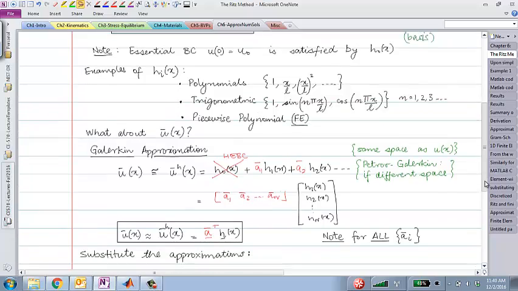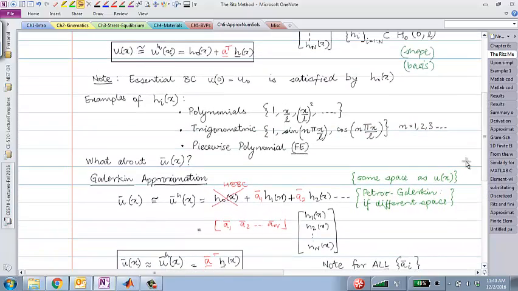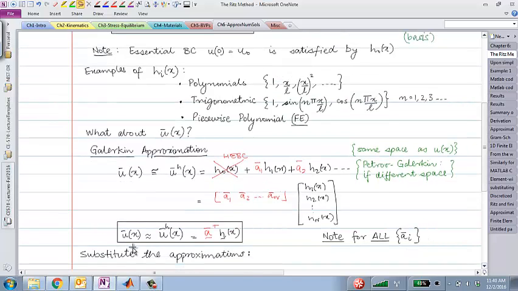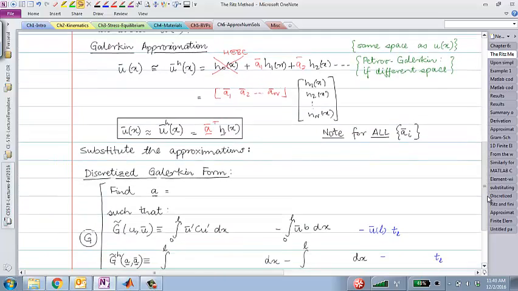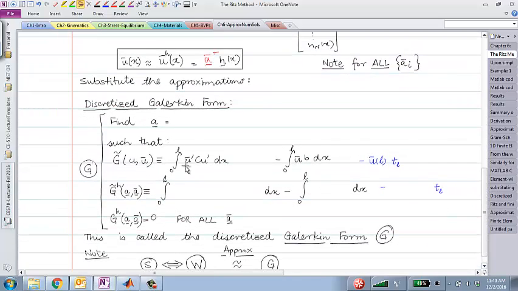So at this point, I have some approximation for the real displacement and some approximation for the virtual displacement. What I'm ready to do now is to plug these approximations into my weak form. If you remember, this was the weak form that we had originally developed. G functional is a functional of real displacement and virtual displacement, which was given by this.